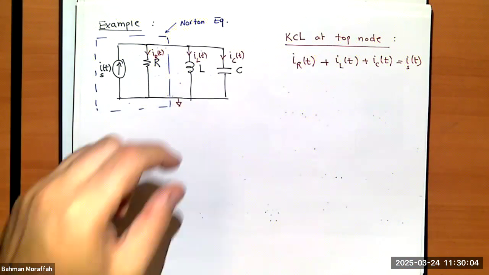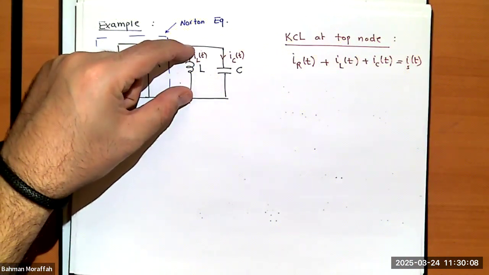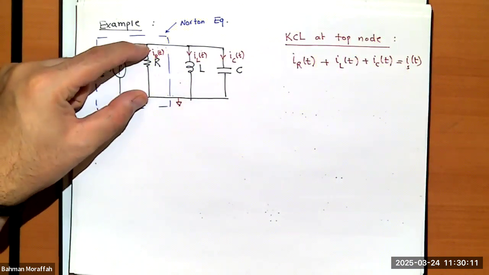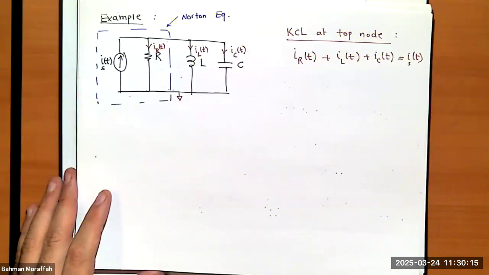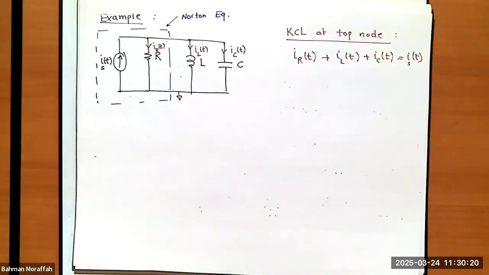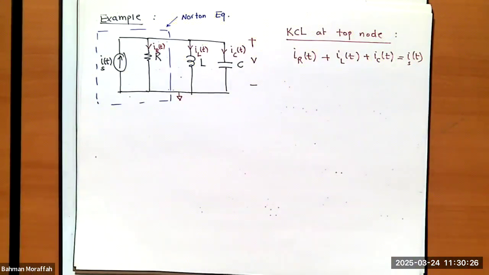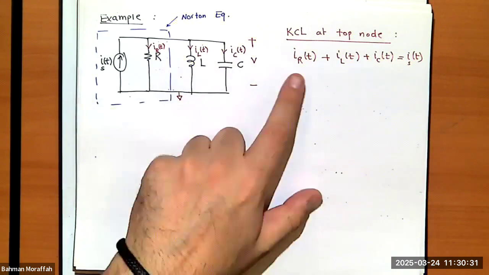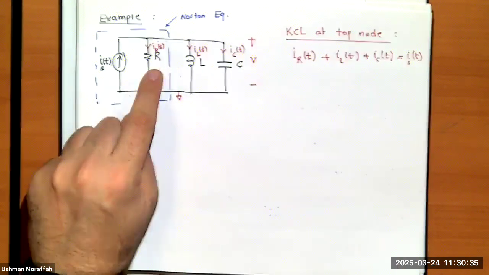Do you agree the voltage across this C is the exact same as the voltage across this inductor, is the exact same as the voltage across this R? Yes? Why? They're in parallel. So let me call the voltage across this C V. Do you agree I can write IR of t as this V(t) divided by R?